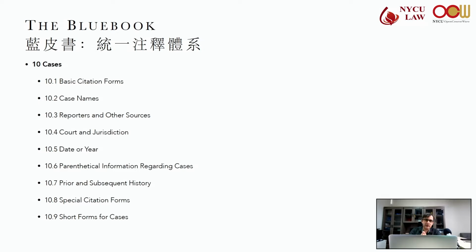Then you'll place the first page of the case, followed by a comma, and then the specific page referred to, or the pin site, with a space, and the date of the decision in parentheses. You can also add more information throughout, but this is basic.